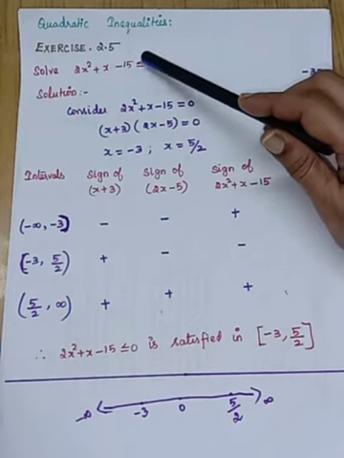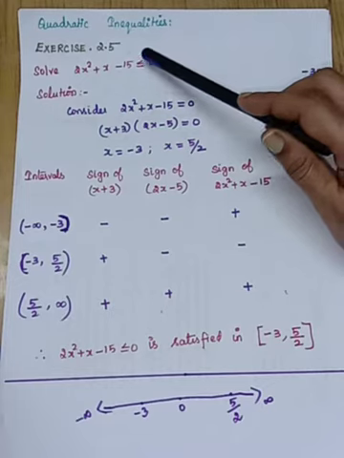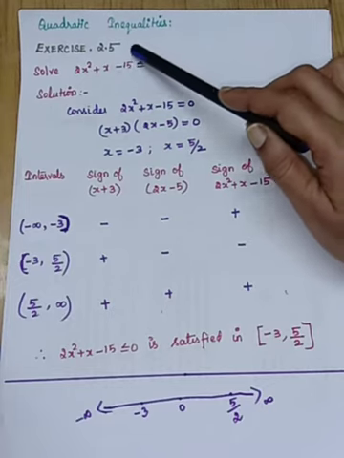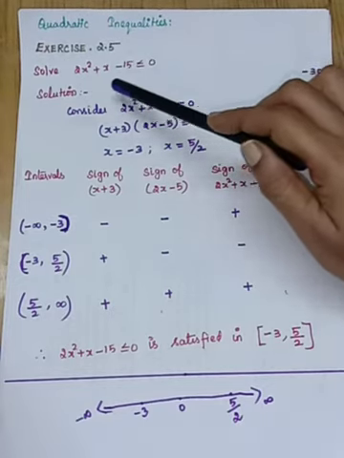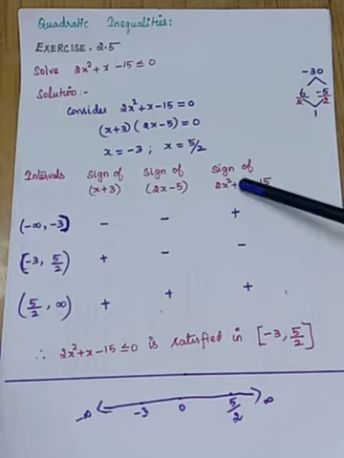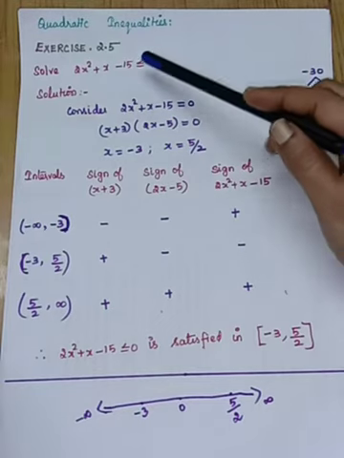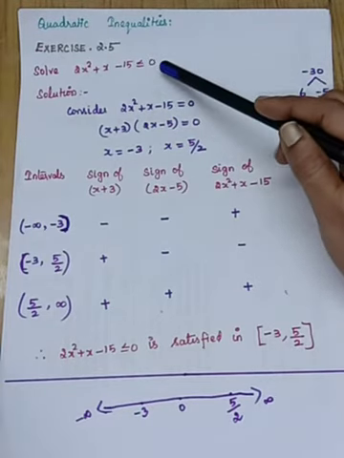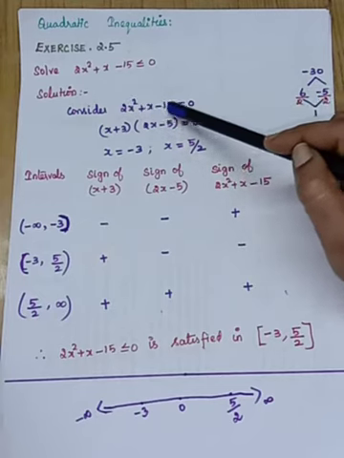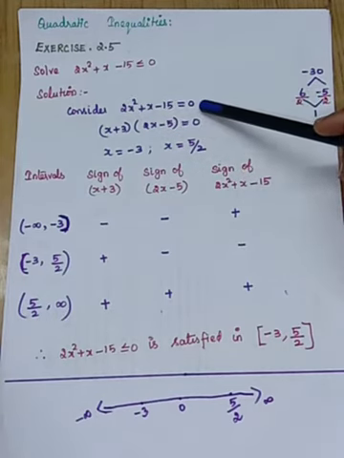Okay, now you can come to the inequality. This term is less than or equal to 0. Less than means this term should be negative. You see this interval here, in which interval is this term negative? In the middle interval only this term is negative. And not only negative, it is equal to 0 also. 2x squared plus x minus 15, at what points is it equal to 0?